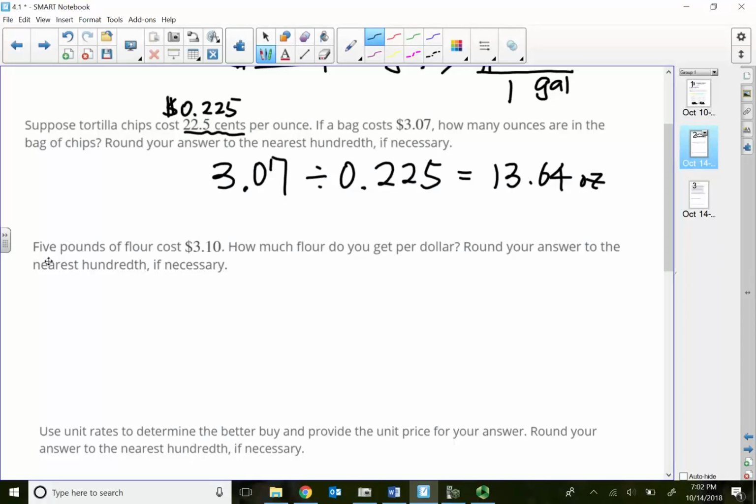Now, this one says 5 pounds of flour costs $3.10. This is different compared to the previous one. The tortilla chips were 22.5 cents for every ounce, so that money was per unit already. This is actually 5 entire pounds, total, costing $3.10.